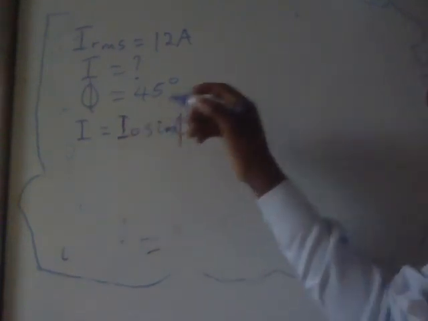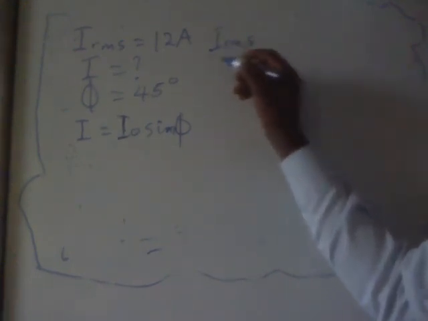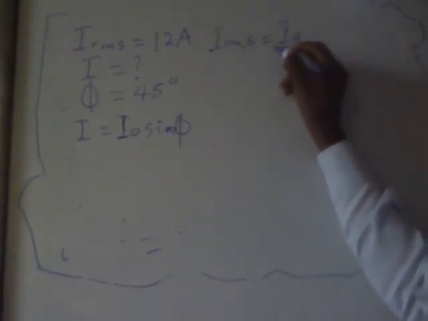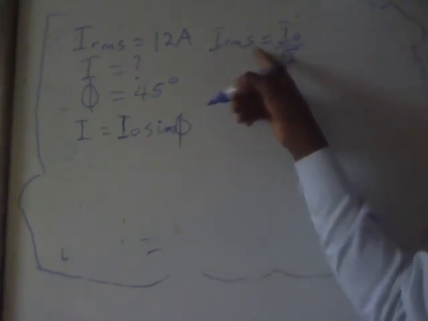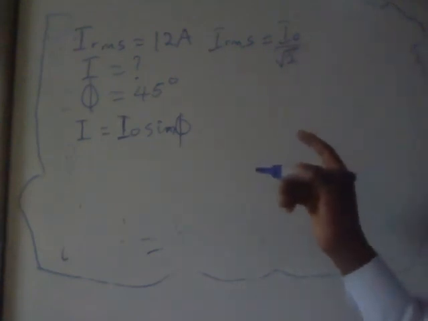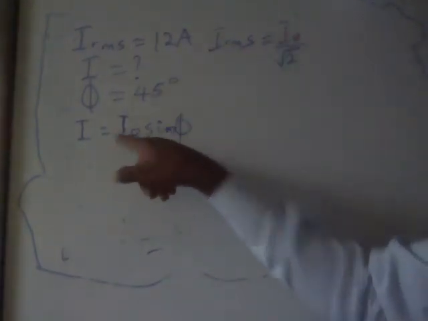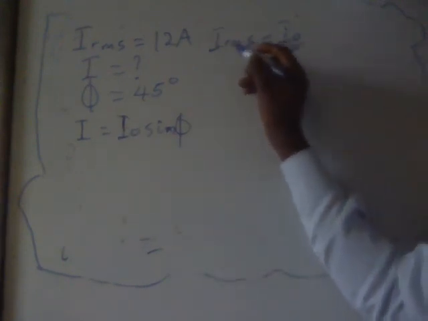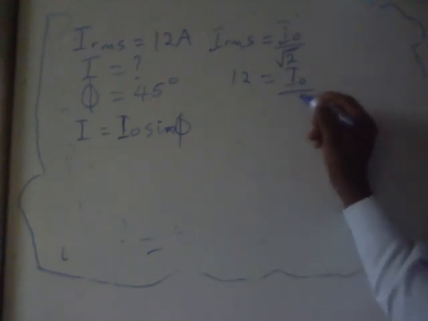So let's go to I RMS. That's another formula: I RMS equals I naught over root 2. You use that formula first to get your I naught, then come back to this. I RMS is given as 12, equal to I naught over square root of 2.